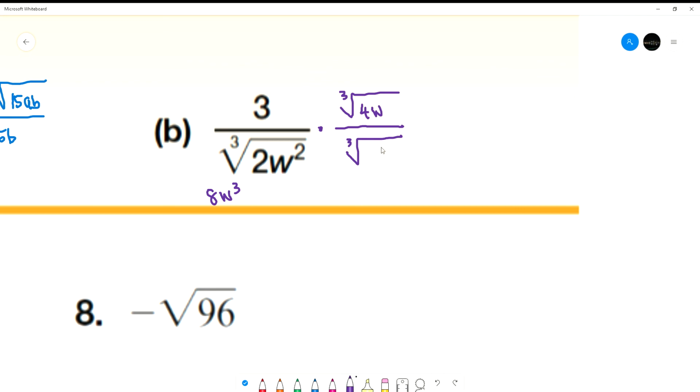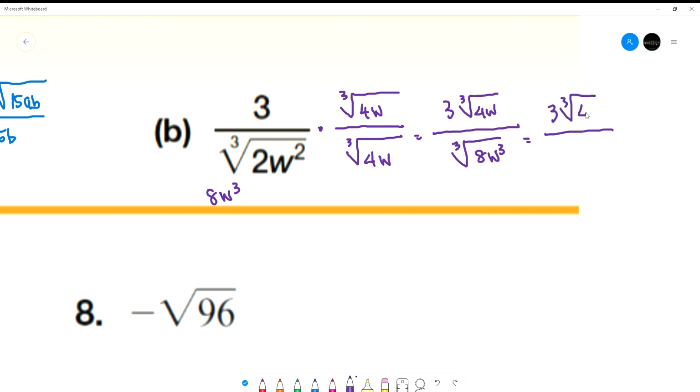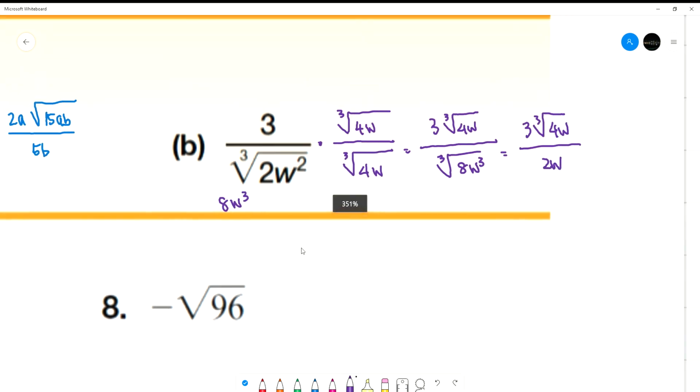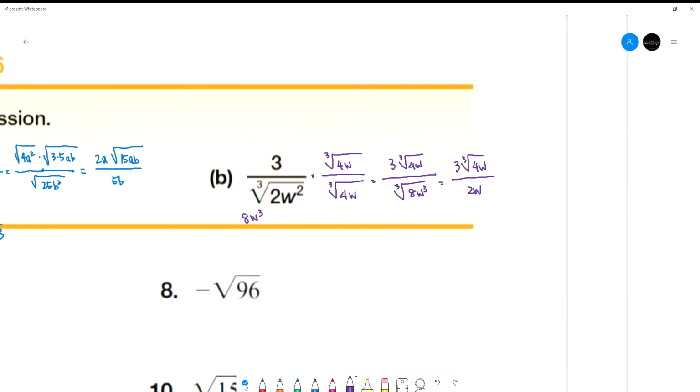And the numerator is 3 cube root of 4w. The denominator is cube root of 8w cubed, which then simplifies to 3 cube root of 4w over 2w. And then I check outside to see if anything cancels. It does not, so we are good to go.